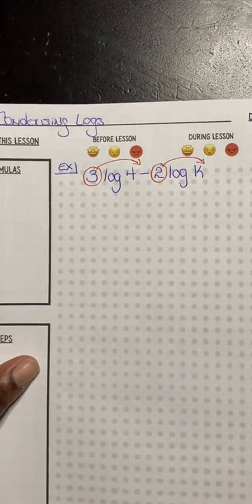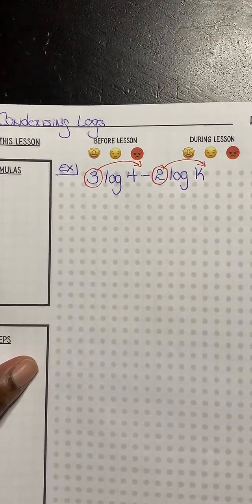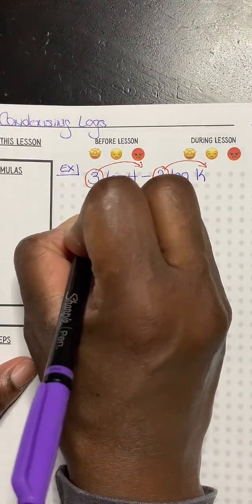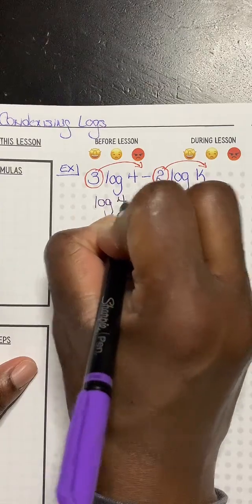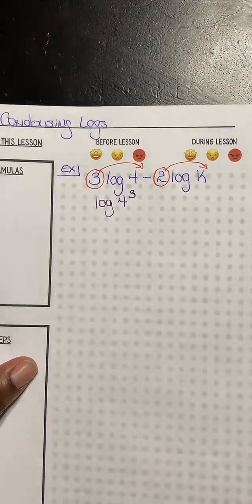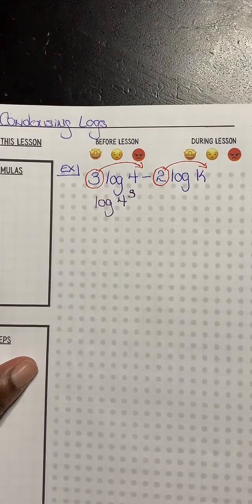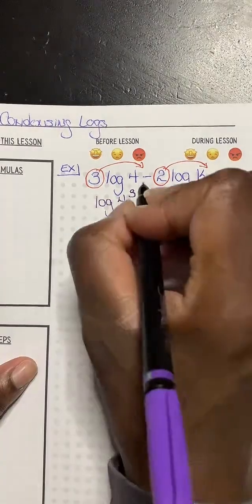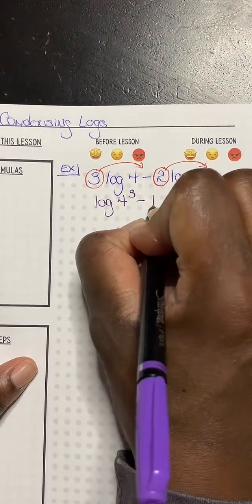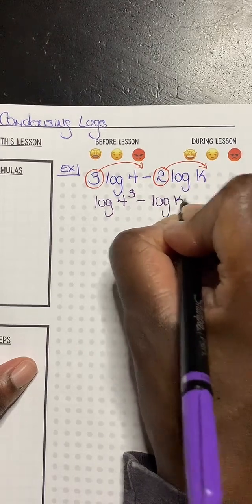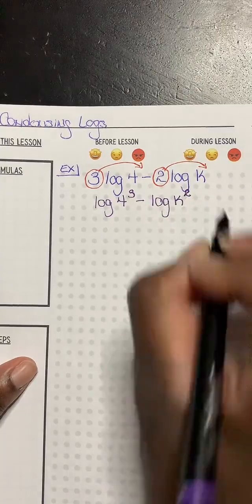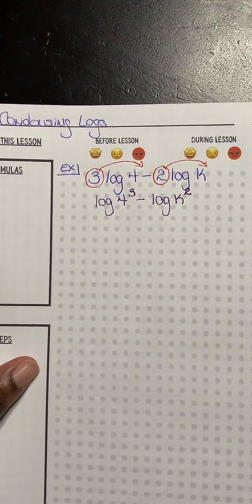Okay? So it's going to look something like this. So you have your log of 4 raised to the third power minus log of k raised to the second power. Okay?